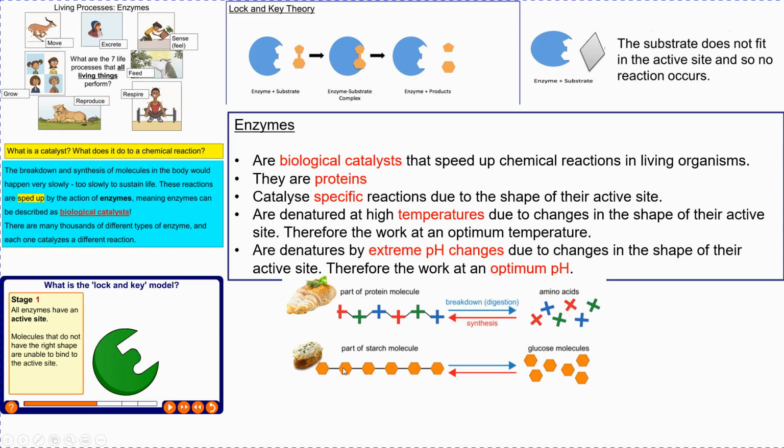Sorry, someone's just posted something in the letterbox and the dog's going crazy. These hexagons represent glucose molecules, and they're all the same. So starch is made up of a long chain of glucose molecules. The enzyme breaks it down into individual glucose molecules. Other enzymes might join them back together again.